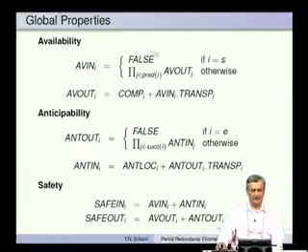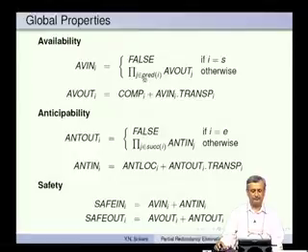Then we have the data flow equations. Availability. So, AVIN and AVOUT at the input and output of the basic blocks. AVIN is false if it is the start block. As before, for the start block no expressions are available at the entry block, the input of the entry block.